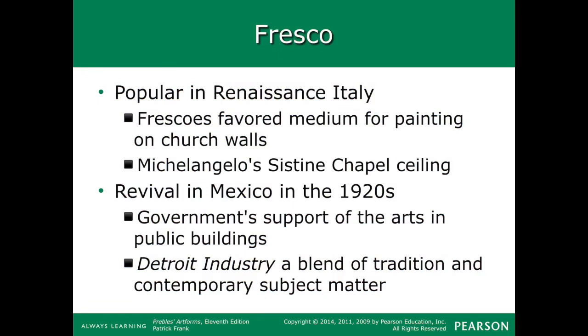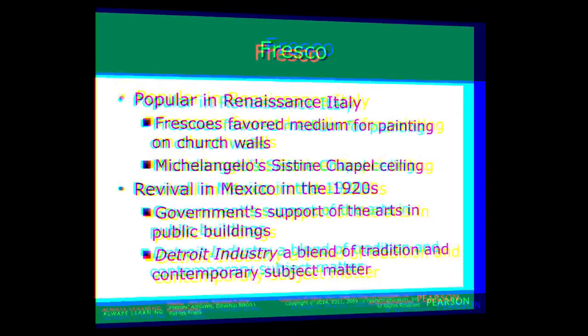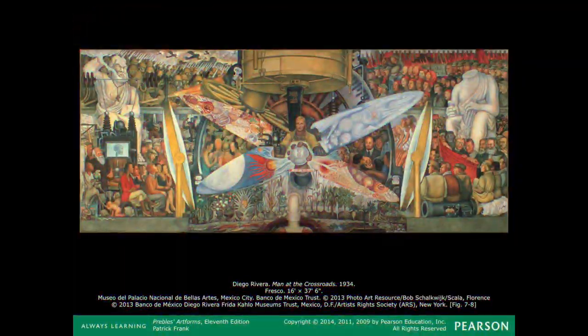In Mexico during the 1920s there was, of course, a boom in the Industrial Revolution. So Diego Rivera makes works that have a little bit of both, something from the past and also something from the present. You'll find a lot of contemporary artists do that. They like to make connections between the past and the present.